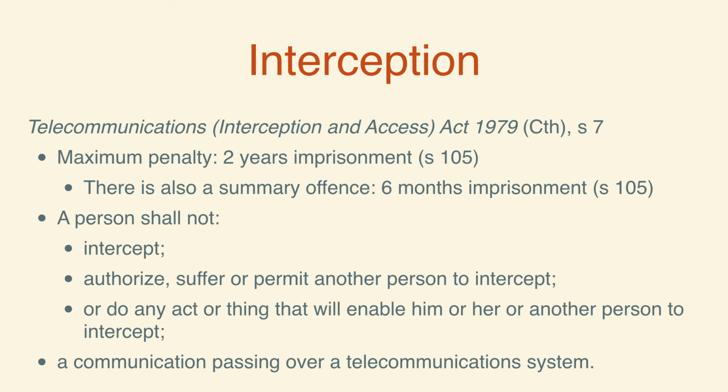The TIAA provides that it is an offence with a maximum of 2 years imprisonment to intercept a communication. This includes not only direct interception, but authorizing or permitting another to intercept, or doing anything that helps the person or another person to intercept communications that are passing over a communication system.